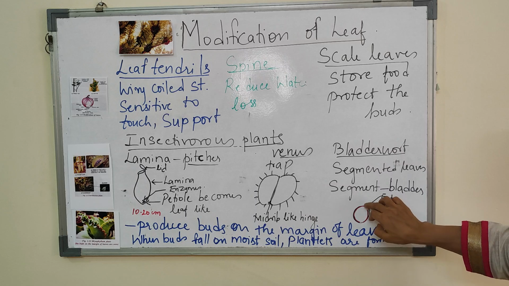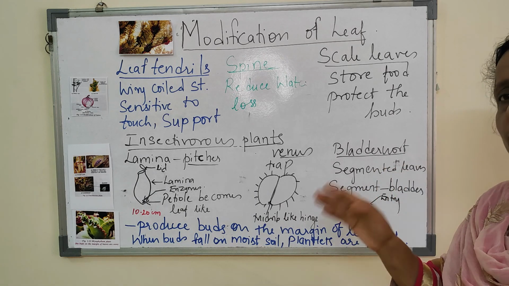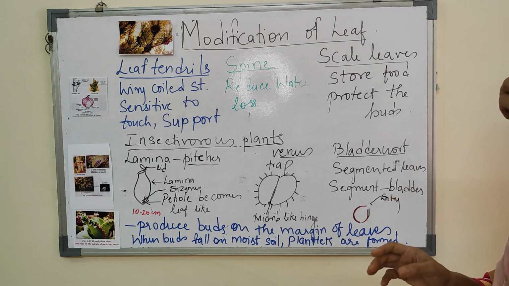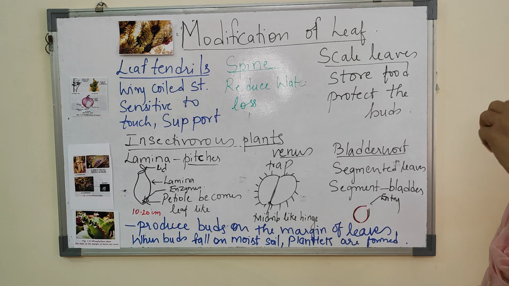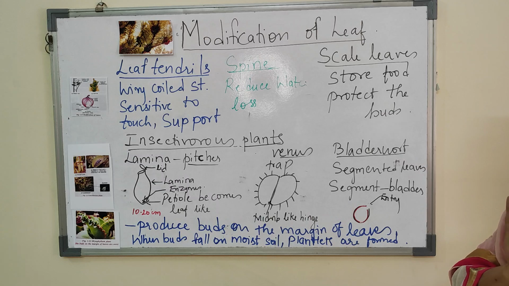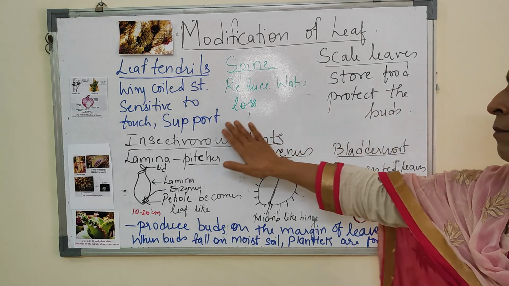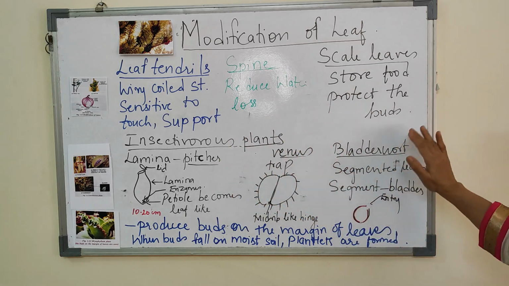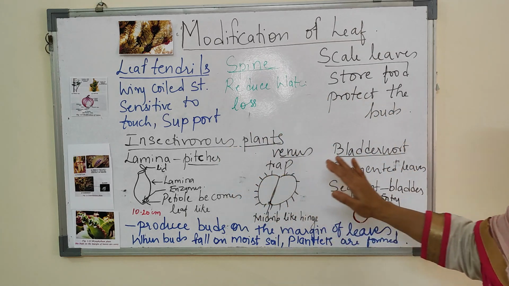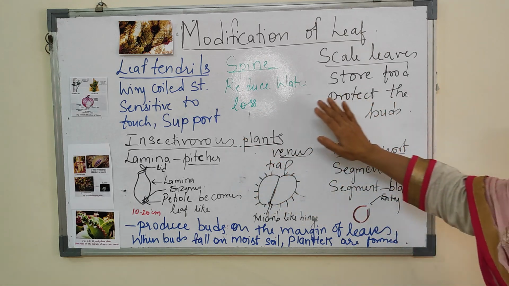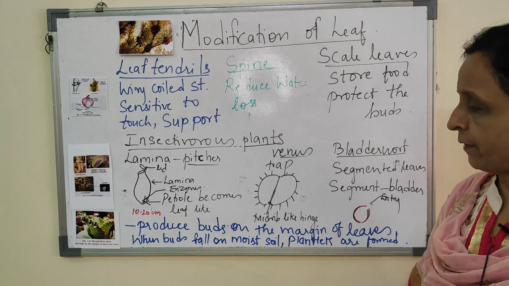It will get closed. So there is only an entry point, and the insect will be trapped, and then the enzymes will be released and it will get digested, and the plant will obtain the nitrogenous substance from the insect. So this is the modification of the plants which are there in the nitrogen-deficient region, that is the mountainous region where the soil is immature and there is no organic substance to provide nitrogen to them.